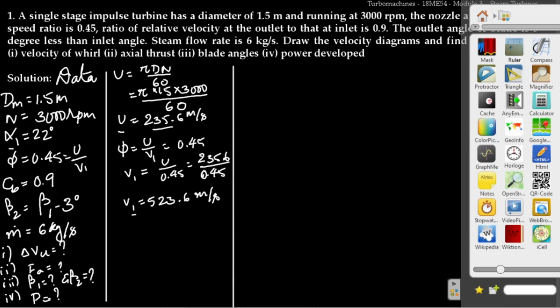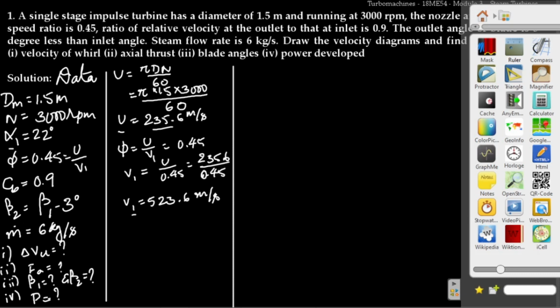Now we need to choose a proper scale for our velocity triangle, and for that purpose one rule of thumb is that in an impulse turbine, whether it is power producing or power absorbing impulse machine, in the case of power producing impulse machines or turbines, V1 will be the longest side of the velocity triangle.